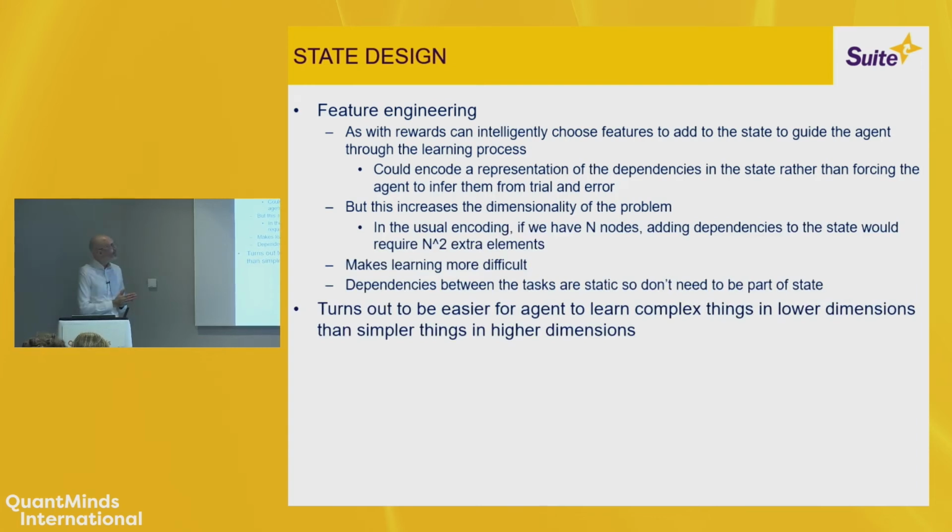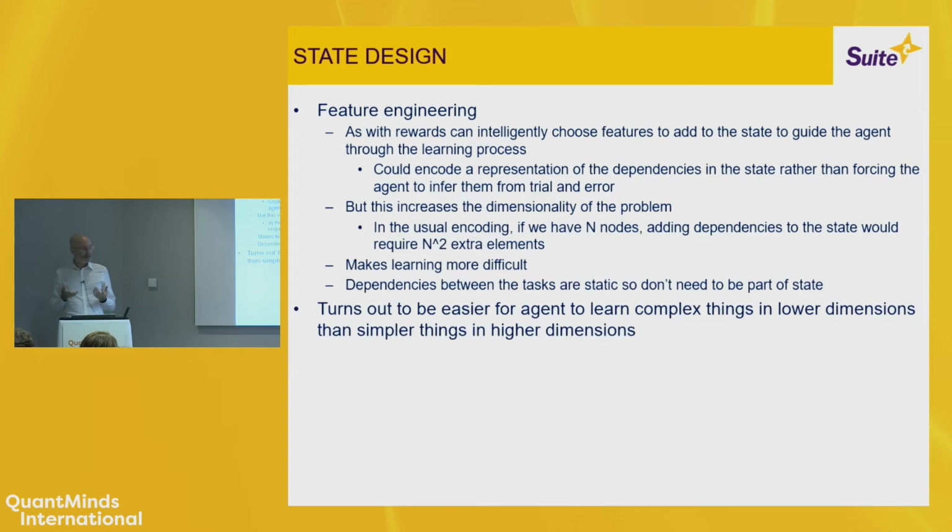Feature engineering. Another thing we can do is look at the state. We can intelligently choose features to add to the state that will help guide the agent through the learning process. We could, for example, say, rather than having the agent learn the dependency graph just through trial and error, we could encode a representation of the graph into the state, and then it should be easier for the agent to learn that.